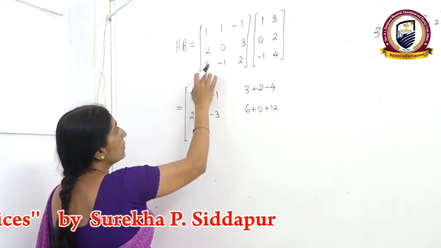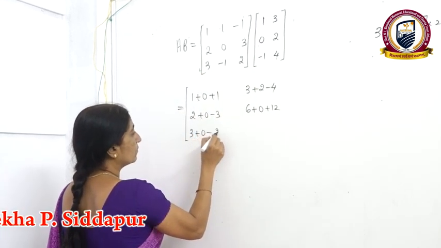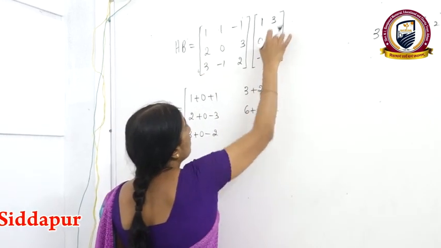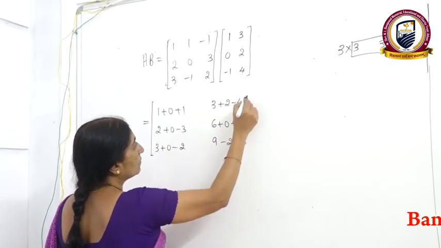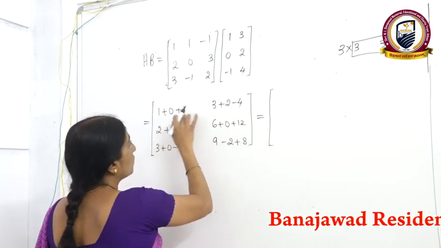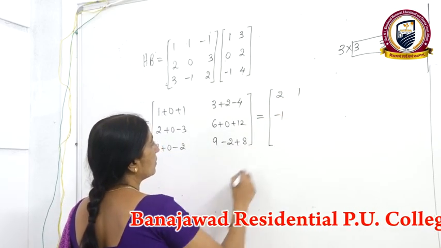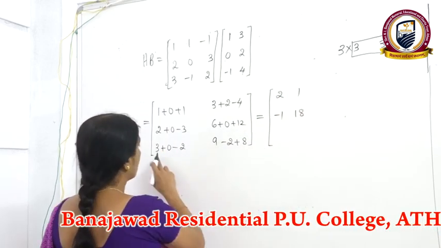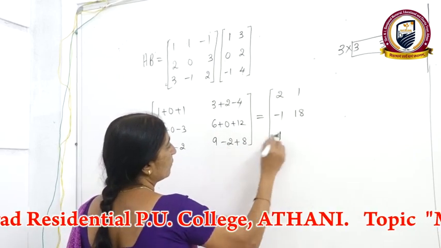Then what about the next one? Third row with first column. Third row with second column. Yes. Simplify this. 2, 1 is minus 1, 18, 1 is 15.